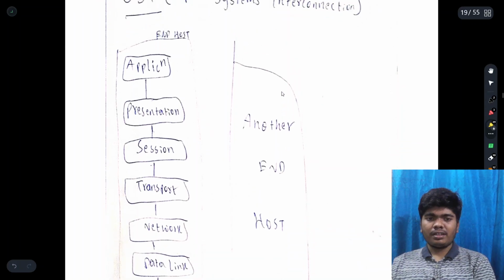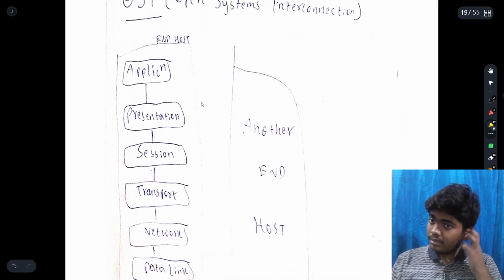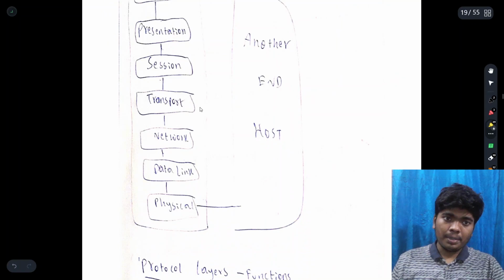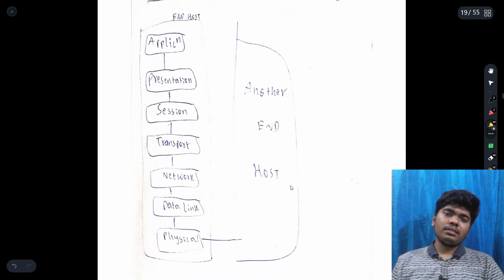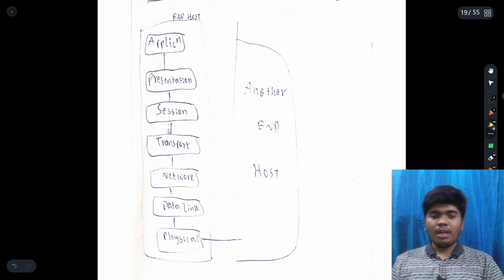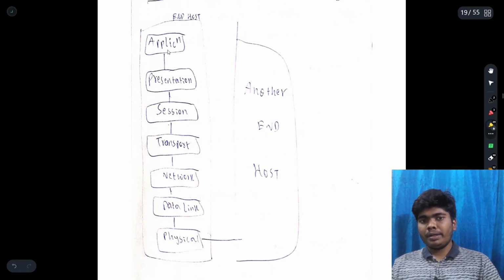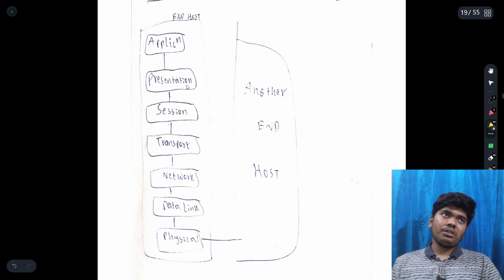Open systems interconnection. This is what we can see here: application, presentation, session, transport, network, data link, physical. The other end also will have this same type of structure. With the help of this structure, the whole thing will be done. With the help of the application layer, the data will be taken or generated. With the presentation layer, the data will be arranged in some particular order, and with the session layer, the whole thing will be checked once again.